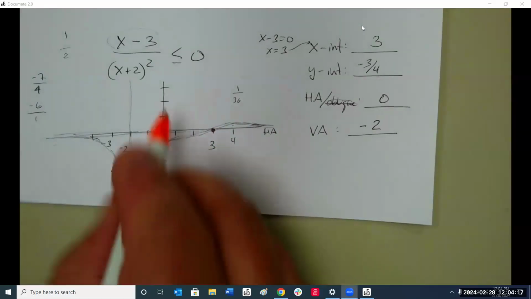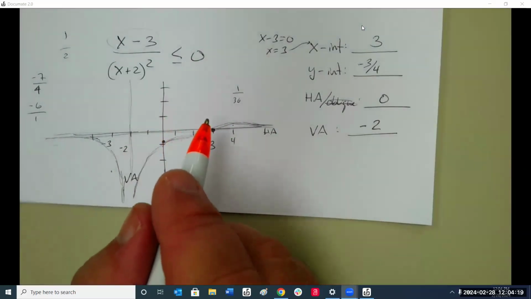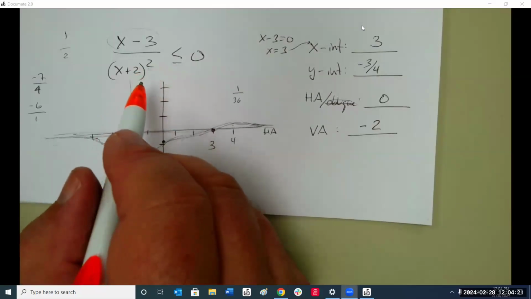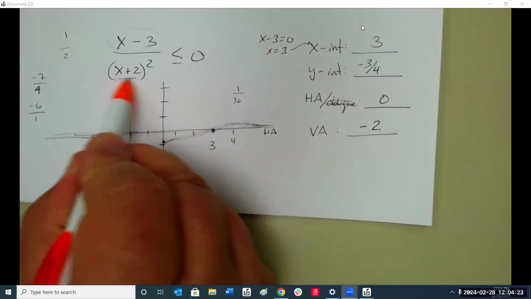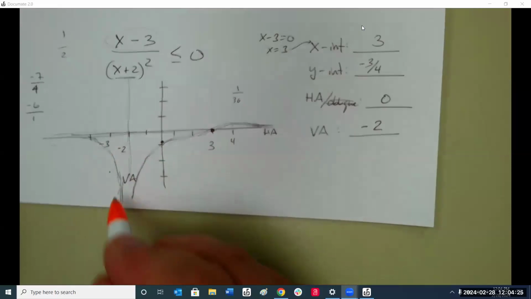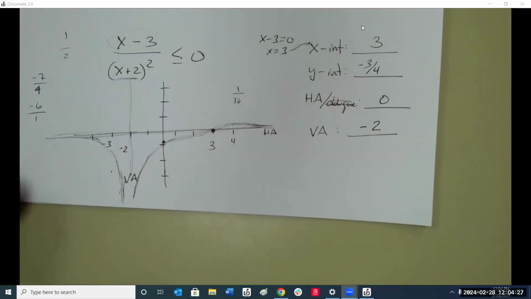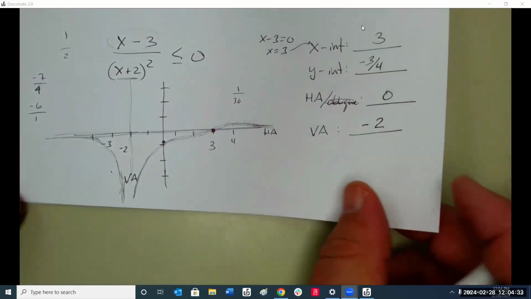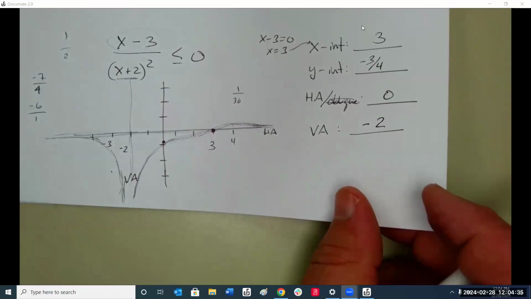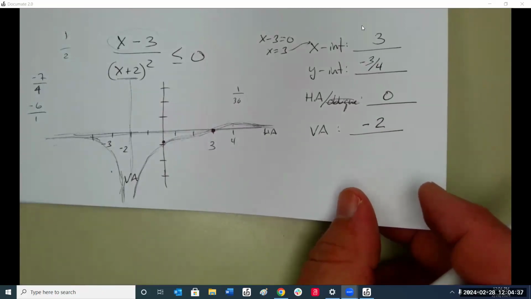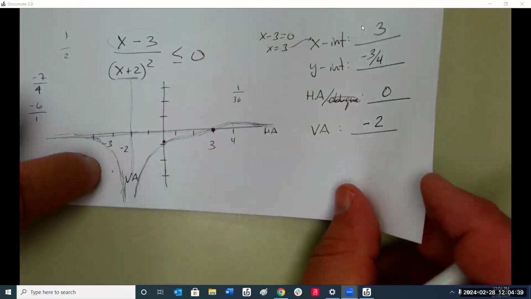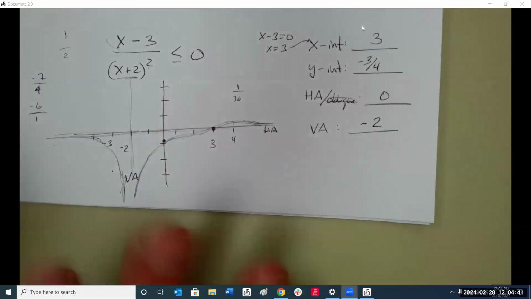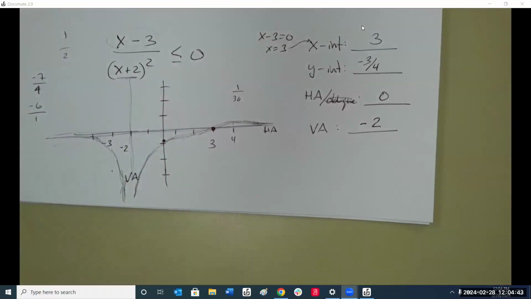But because the denominator has an even exponent, even multiplicity, that means at this vertical asymptote, both sides approach the same value. We've seen these before, about the bouncing and the crossing of the x-axis. Let's first finish solving this one, and I'll show you where we've seen it before in the library of functions.